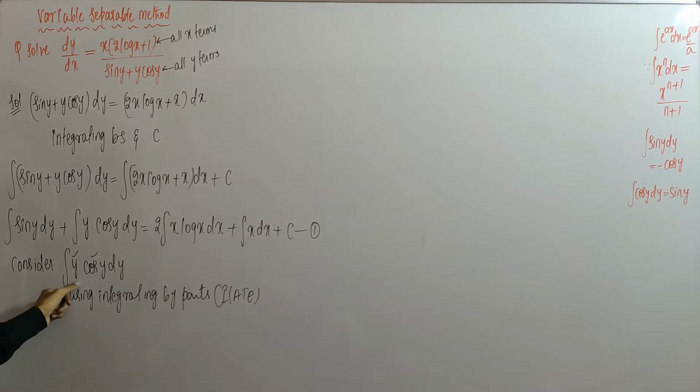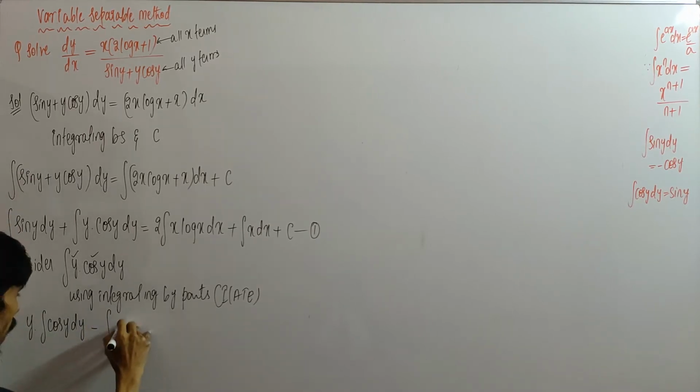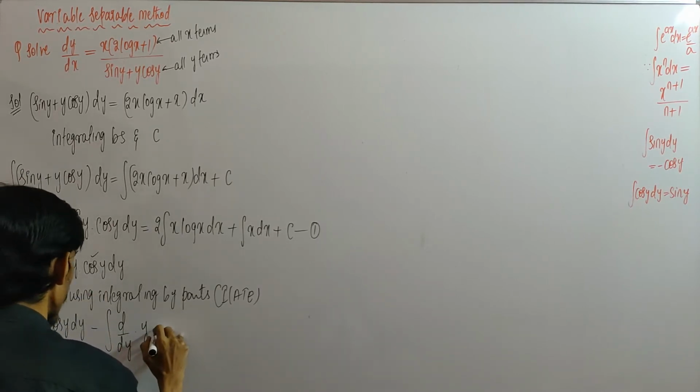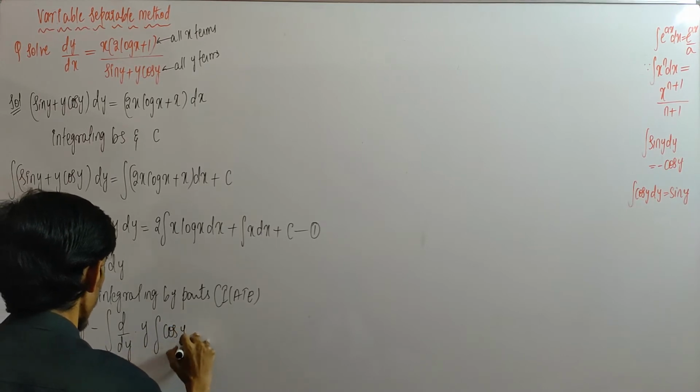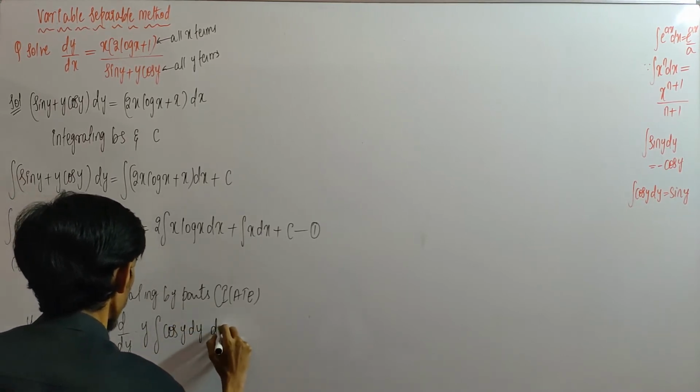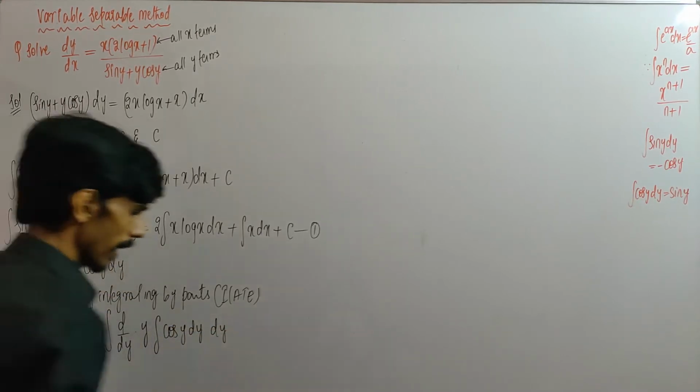Now the procedure is: leave the first function, integrate the second function, put the minus sign, take the integration, write down the derivative with respect to y, and copy the whole dy.